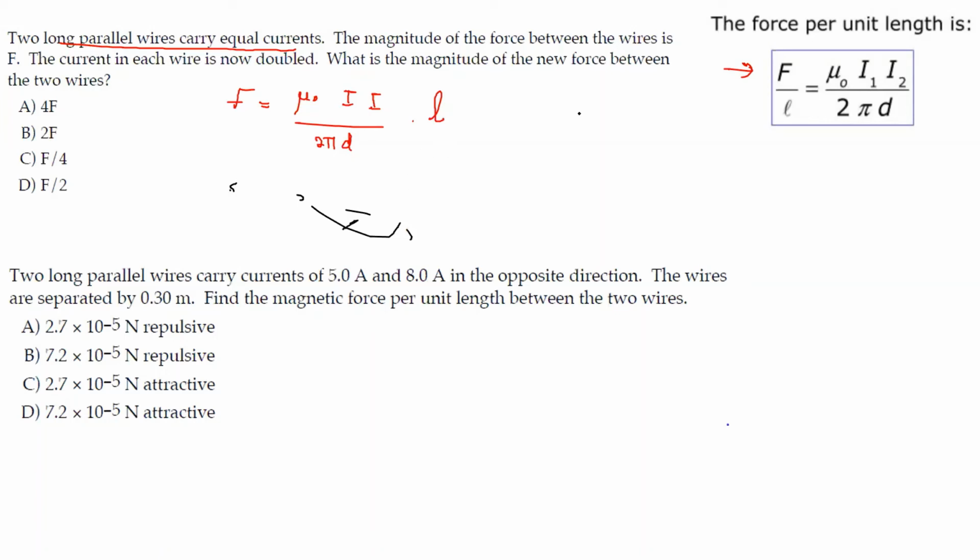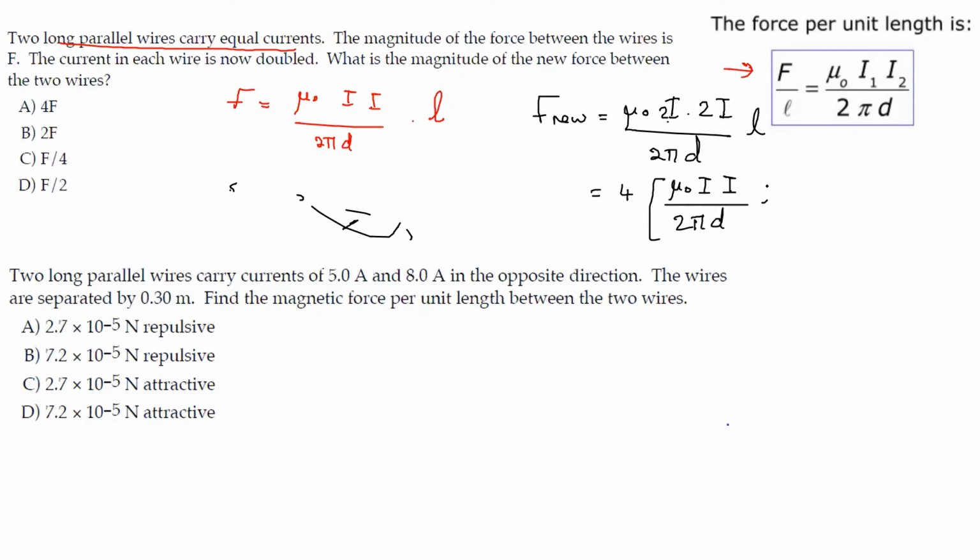So they double the current, right? So if it's mu naught 2 times I, 2 times I, each wire has double the current now. 2I, 2I over 2 pi d times L. If I take these 2's out, 2 times 2 is 4, and I'm left with mu naught I I over 2 pi d times L. So this is the same as our old force, right?